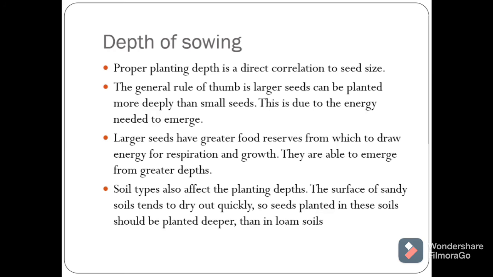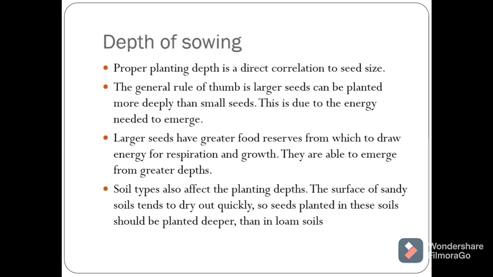And soil types also affect the planting depth. There are different types of soils, and they also affect the depth of planting of seeds. The surface of sandy soils tends to dry very quickly, so seeds planted in these soils should be planted deeper than in loamy soils, right? The main soils for vegetable cultivation are sandy soils and loamy soils.